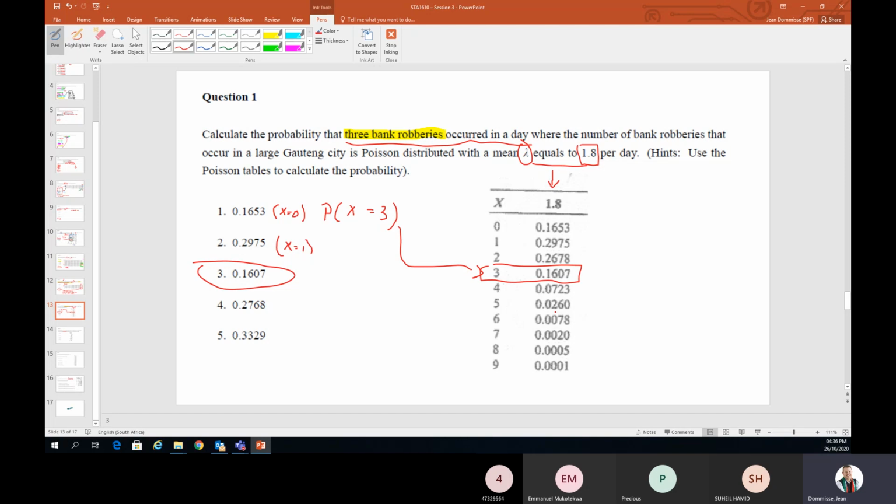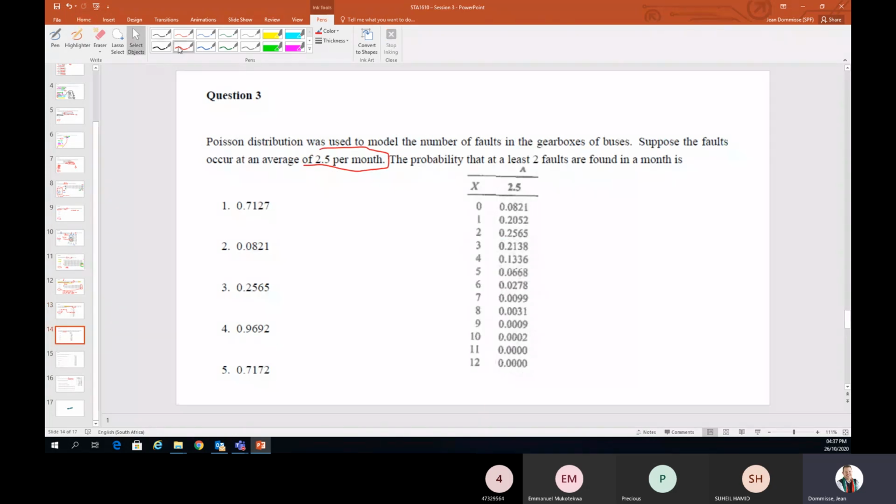Okay, so this one was really straightforward. They tell you 3 bank robberies, and they tell you the mean for a Poisson distribution. Okay, so let's look at the next one.